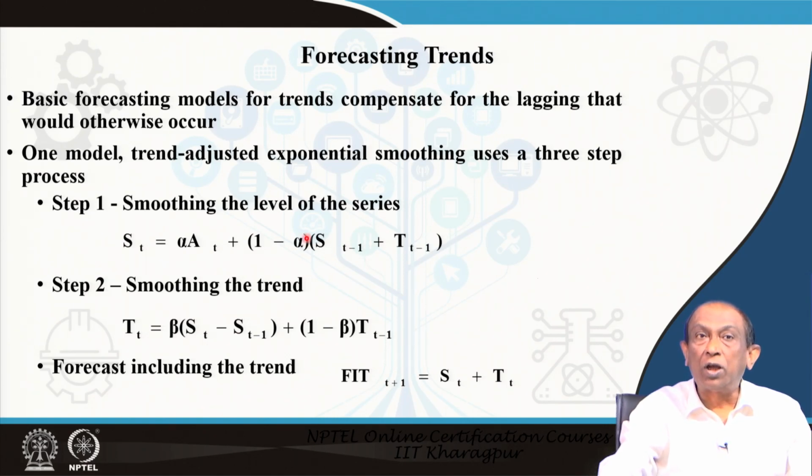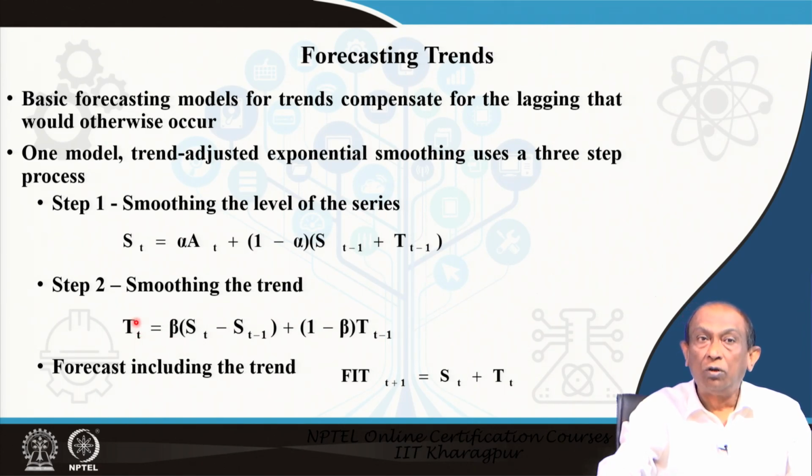And in this particular model, which is trend adjusted exponential smoothing, we need to introduce another smoothing constant, which is denoted by beta. Okay. And this smoothing constant is basically used for smoothing the trend.